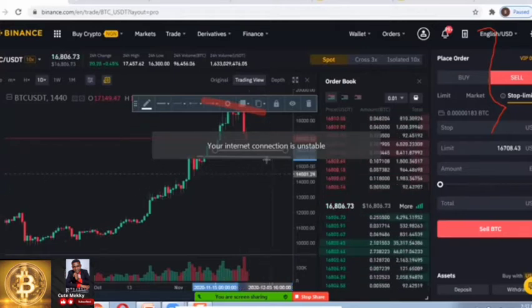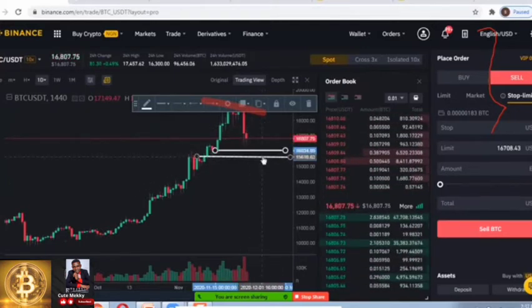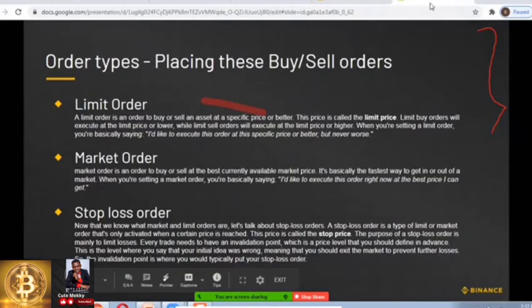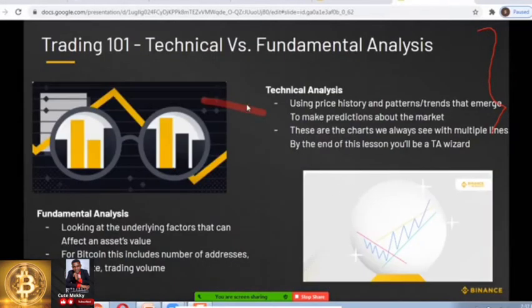So you will sell your Bitcoin at this price. That is how you use your stop limit order. It is very, very simple. So let's proceed further now.